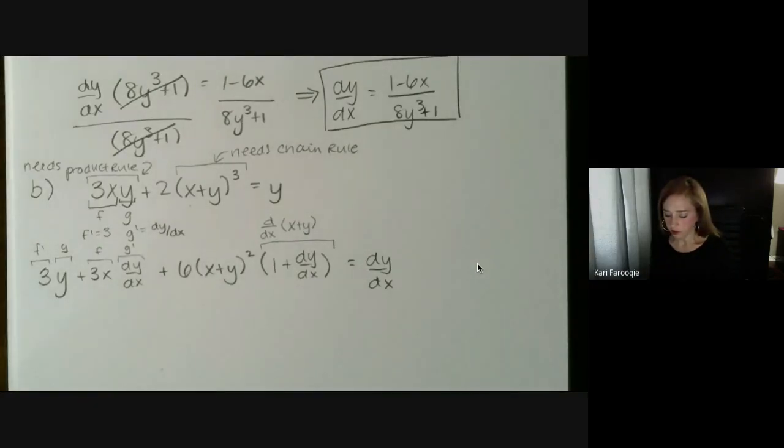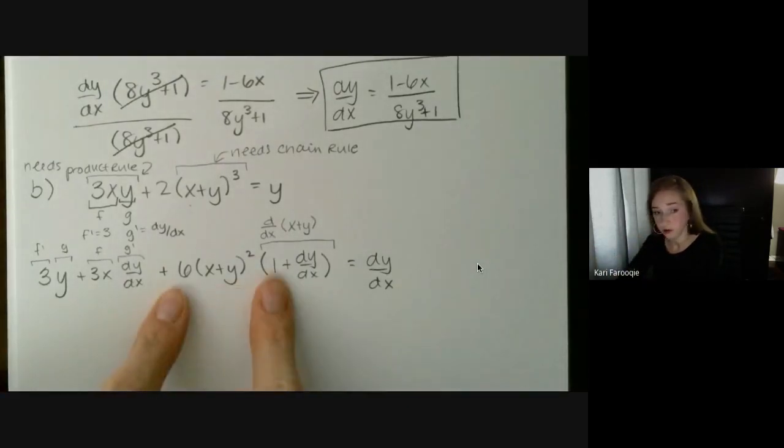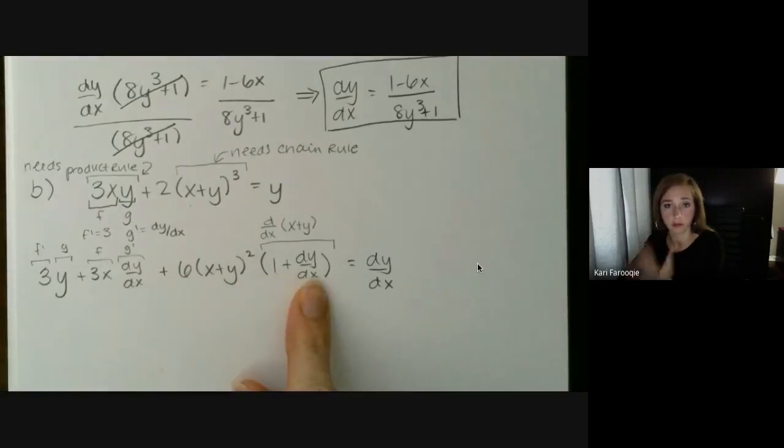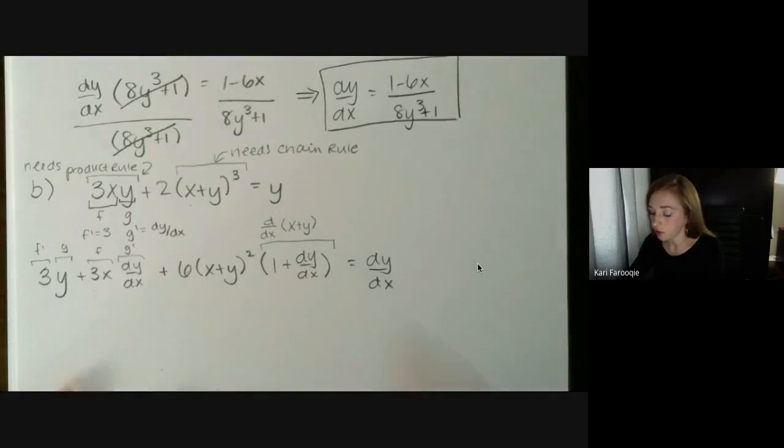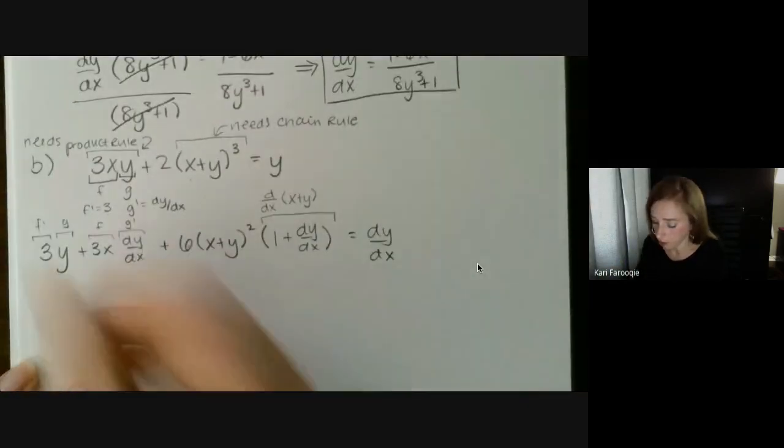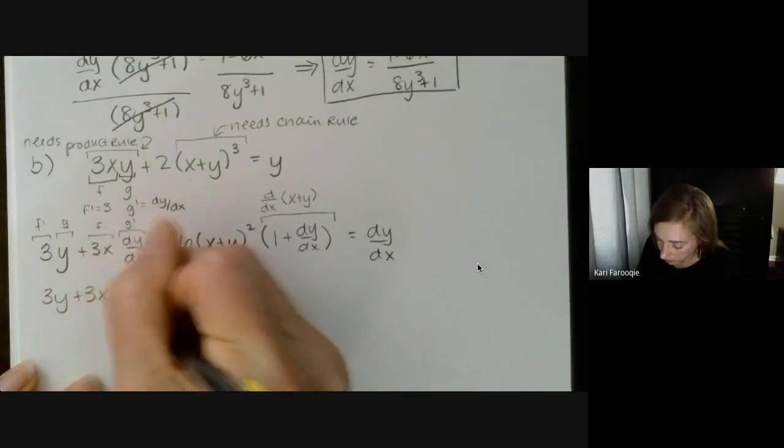Now, I find that students have a hard time with this type of problem where they've had to use the chain rule and then they have this factor that has something else plus dy dx in it. You have to distribute into this expression because you need to have separate terms such that each term either has a dy dx on it or doesn't. Right now, this term has a non-dy dx and a dy dx being multiplied by it. So you're going to have to distribute so that you have each term in its own separate term. Now, the first 2 terms are fine. They're already separate. No big deal there. You can rewrite that.